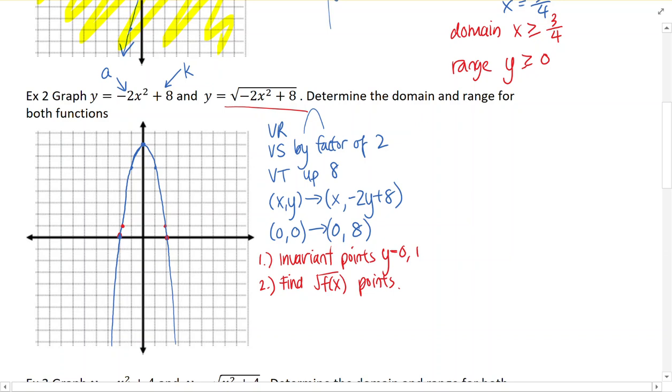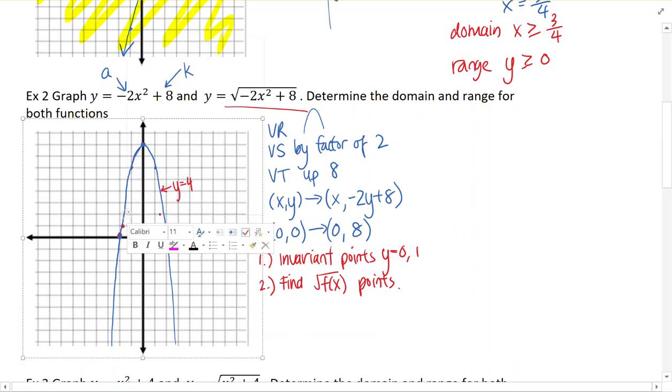I typically like to pick, at this point right here, y equals 4. That's a number that's easy to square root. You could just bring that down to 2. Same with the other side. Where y equals 4, you could now bring it down to 2. Oops. That point is just not going in. There.